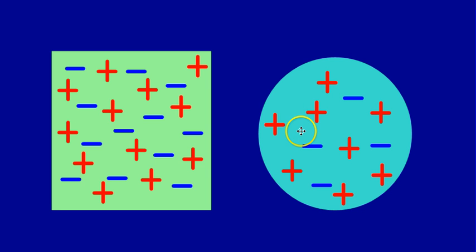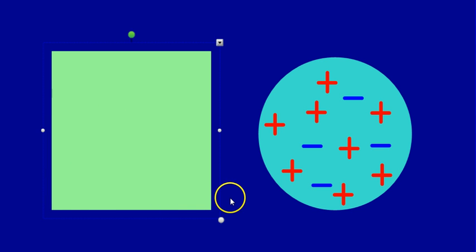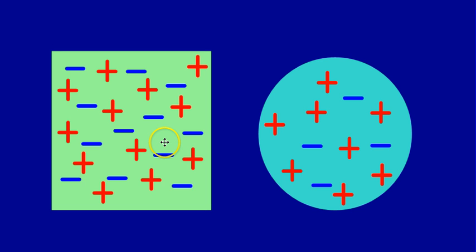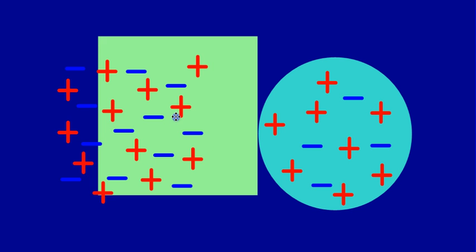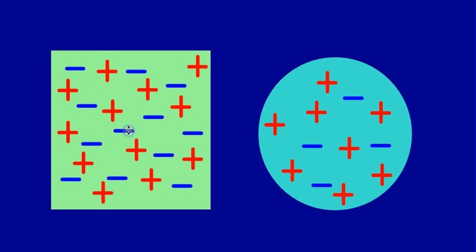You'll notice that my circle is positively charged. Well, looking at my conductor, this started off neutral, but the negative charges are attracted to the positives in the circle. They can't get there because they can't leap through the air, but they can move within the square so that they are closer to that circle.